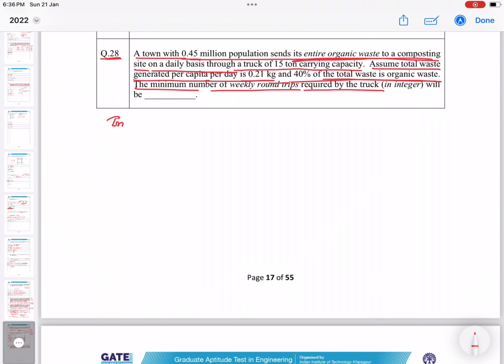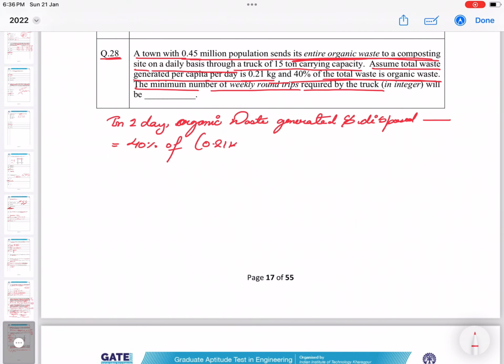The solution is very simple. In one day, the organic waste generated has to be disposed the same day. So it will be 40% of 0.21 kg into 0.45 million.